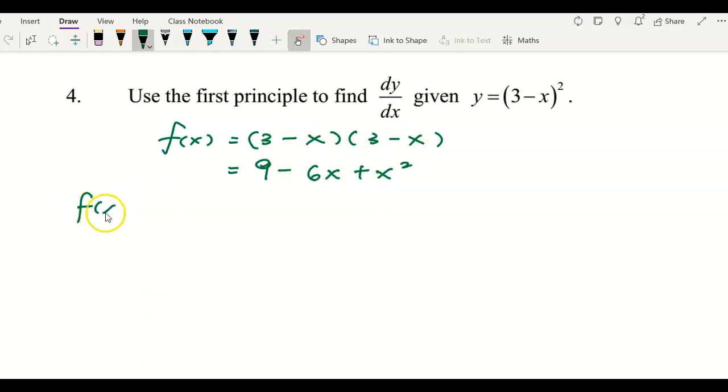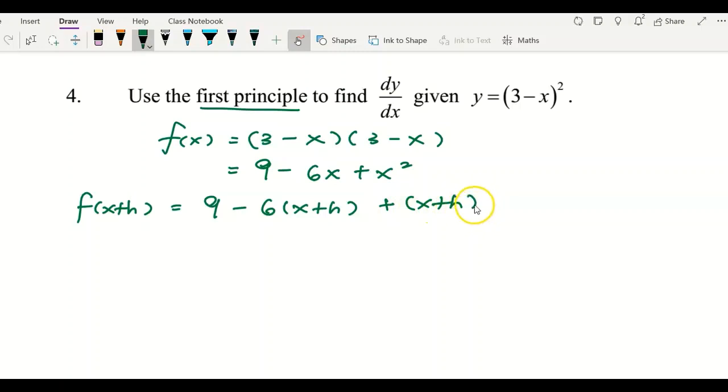Then now I need to find my f(x plus h). In order to find the derivative by first principle, I need the f(x plus h). So substitute all the x here by x plus h. I will have this. And I suggest to expand first so that later on it's easy for us to simplify.